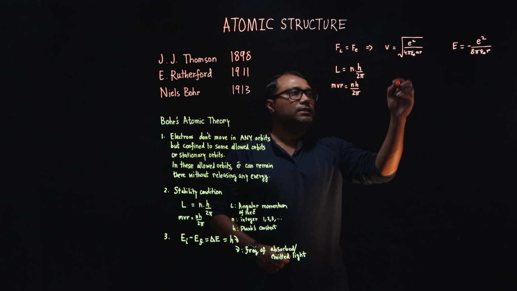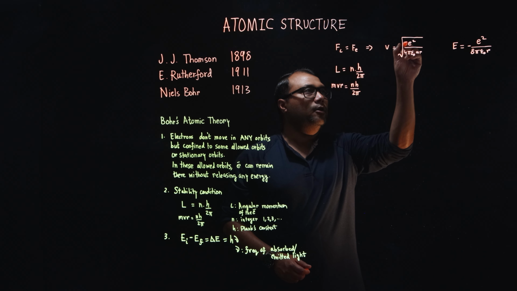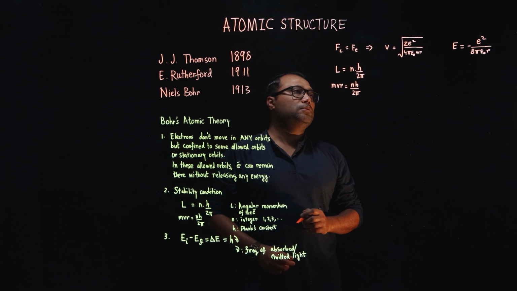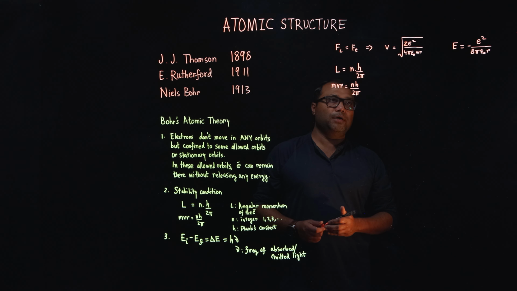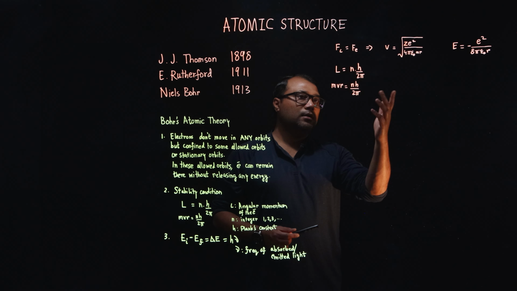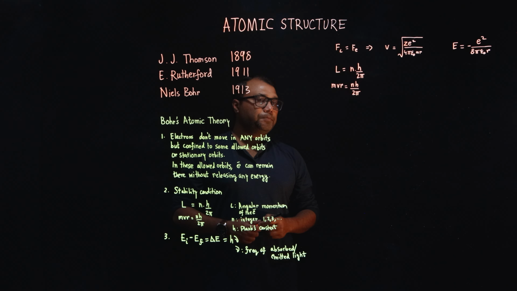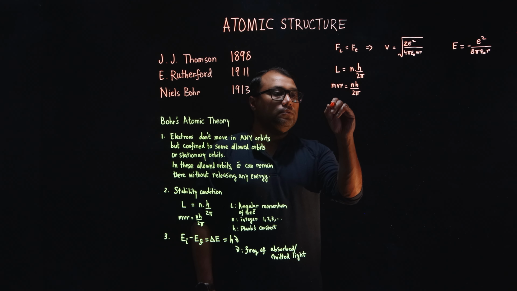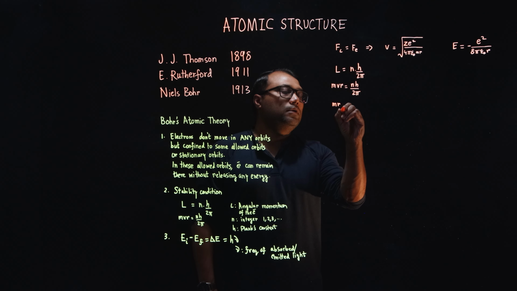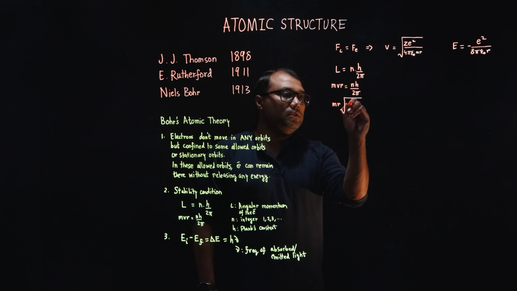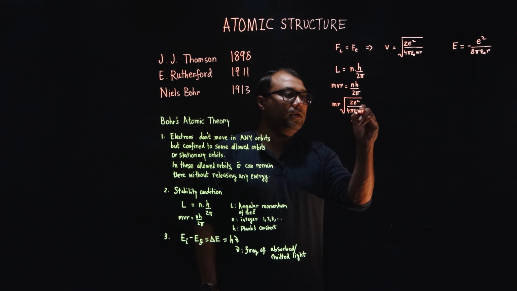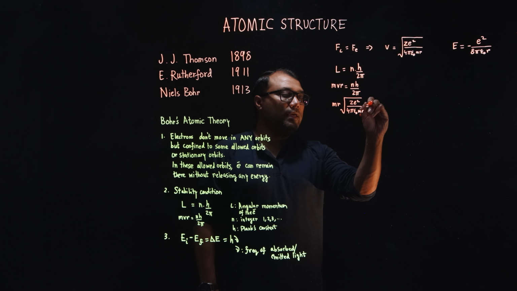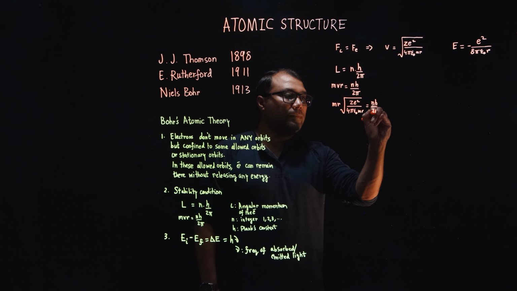On this velocity, we can also include the atomic number, so then it becomes z e square by 4 pi epsilon naught mr. Let's include that. So from this, if we substitute for v, this becomes mr root over z e square by 4 pi epsilon naught mr is equal to nh by 2 pi.